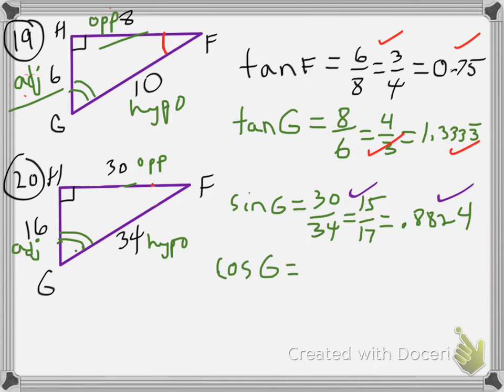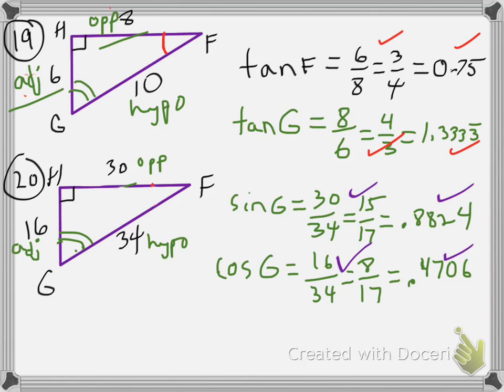Well, the cosine of G is the adjacent over hypotenuse, so 16 over 34, which reduces to 8/17. Okay, we're done with that. Now we just have to figure out what the decimal of 8 divided by 17 is. We're not asking for the angle, we're asking for the decimal that could have been written instead of the fraction. 0.4706. And if you did that, you would get a point for that, and that's 4 points.